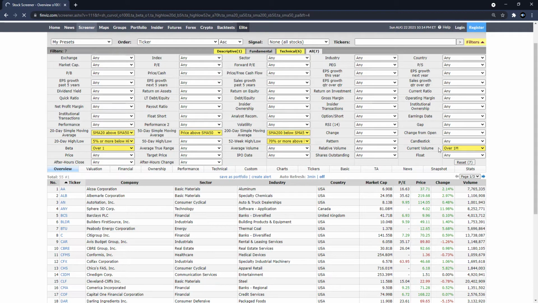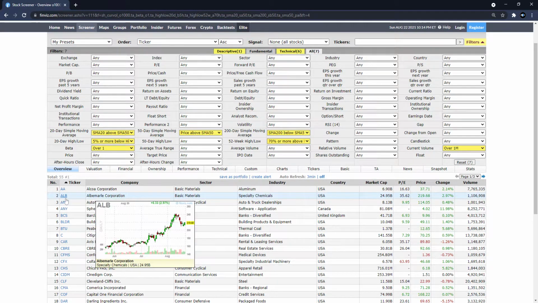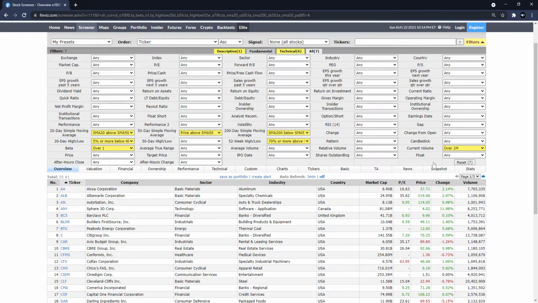So right now, as you can see, we have pretty good filters that give us a lot of good stocks, like ALB. Let me show you what we are going to do next. As you can see, we have volume over 1 million, 70% or more above the low.